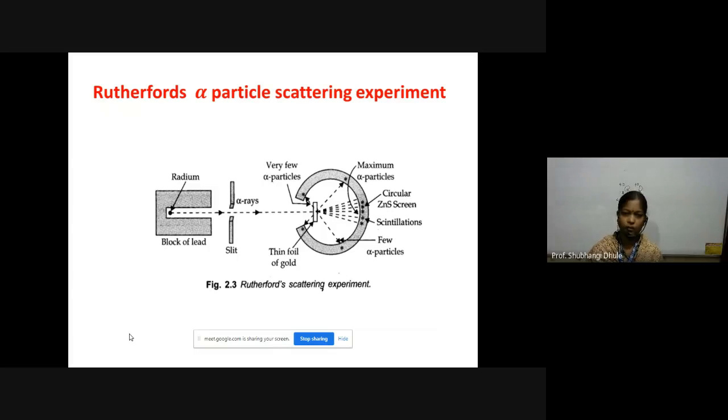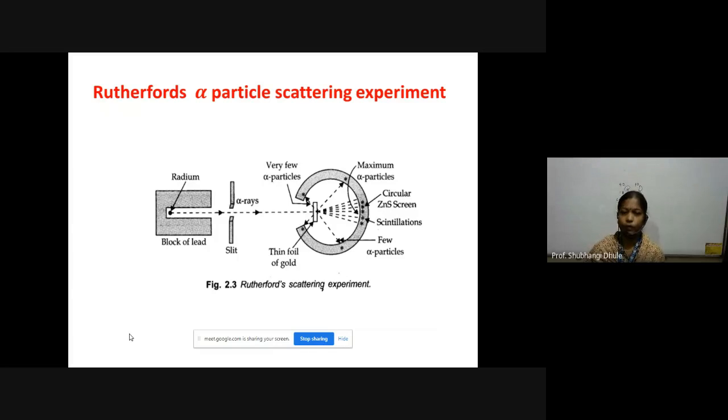Neutron was discovered later, in 1932, but at that time they knew the protons and the electrons, but they didn't know where these protons and electrons were. So the arrangement of the subatomic particles, proton and electron, in an atom is called a model of an atom, or the structure of an atom.